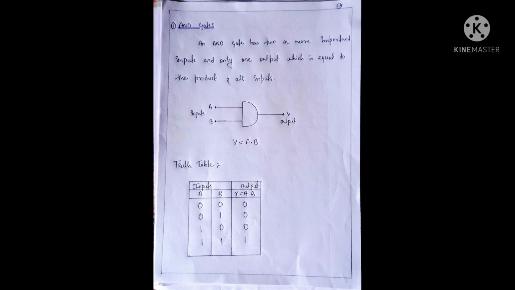From the table, we can write that if one of the inputs is low, then the output is also low. When both the inputs are low, the output is also low. AND gate can be represented as the IC 7408.